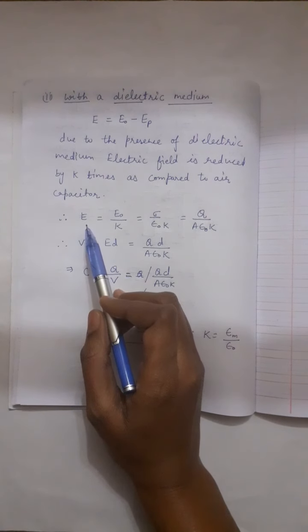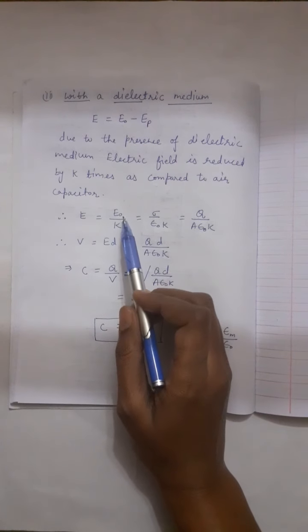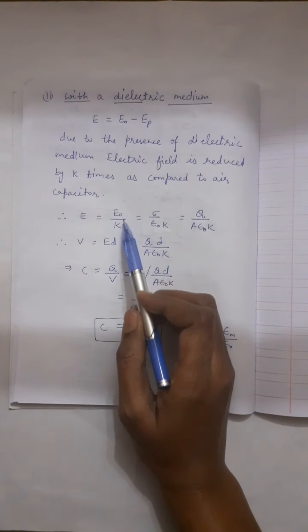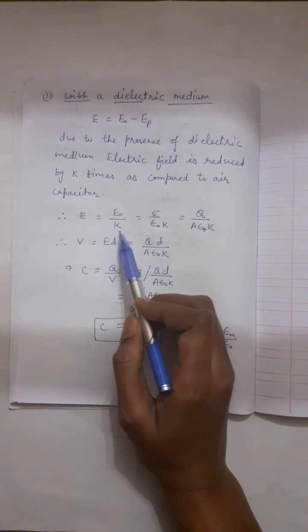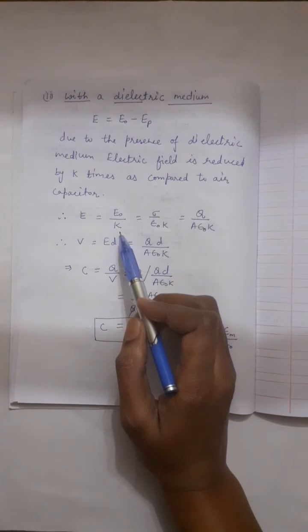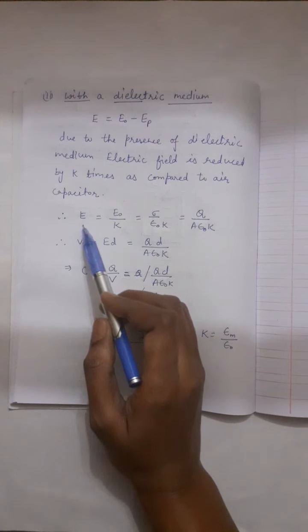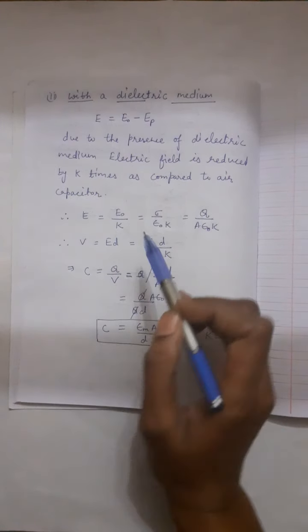So we can write the net electric field in the presence of the dielectric will be equal to E naught by K. E naught is the electric field in the absence of the dielectric, and if we are putting the dielectric, then this value will be divided by K and that will be the net electric field with dielectric.